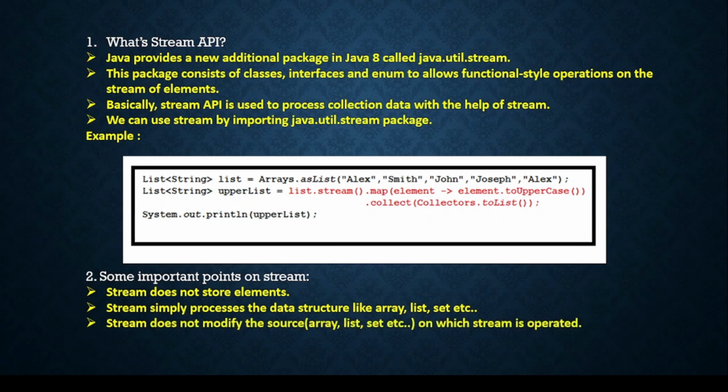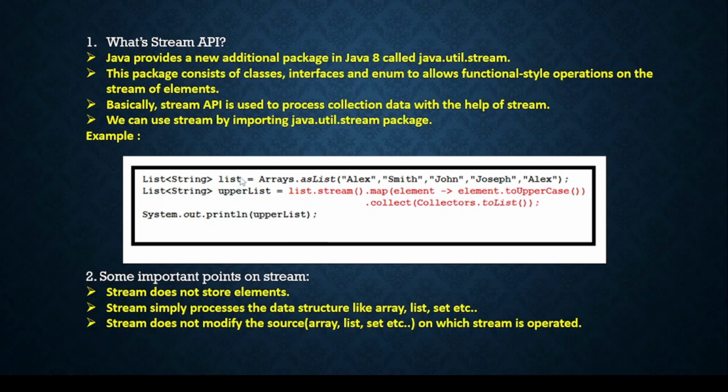Stream does not modify the source. Whatever the main source, that is the string list with small-case names, is not going to be modified. Whenever we perform some operation on the stream, it will just operate on that stream and return a new stream.